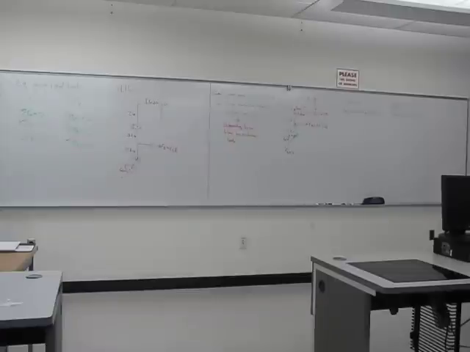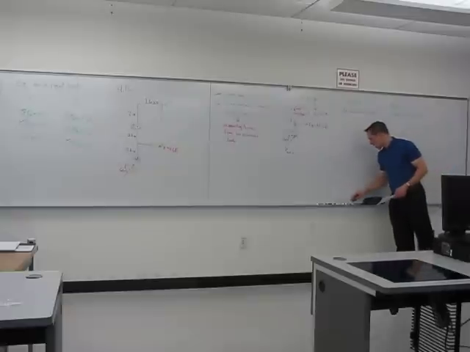Well, now I have 2 equations, but I introduced a third unknown. So right now, 2 equations, 3 unknowns, still can't solve the system. We need to write one more equation. So we can take the sum of the moments around any point.